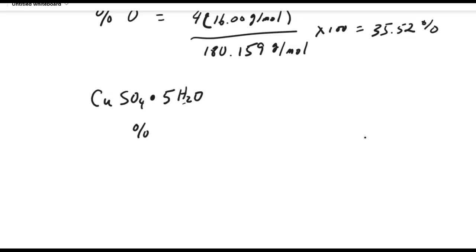So I want the percent composition. That means what percent is copper, what percent is sulfur, what percent is oxygen, what percent is hydrogen, what percent is water. That's number 1. Then I want you to tell me what percentage of this compound is just CuSO4, the copper sulfate part.